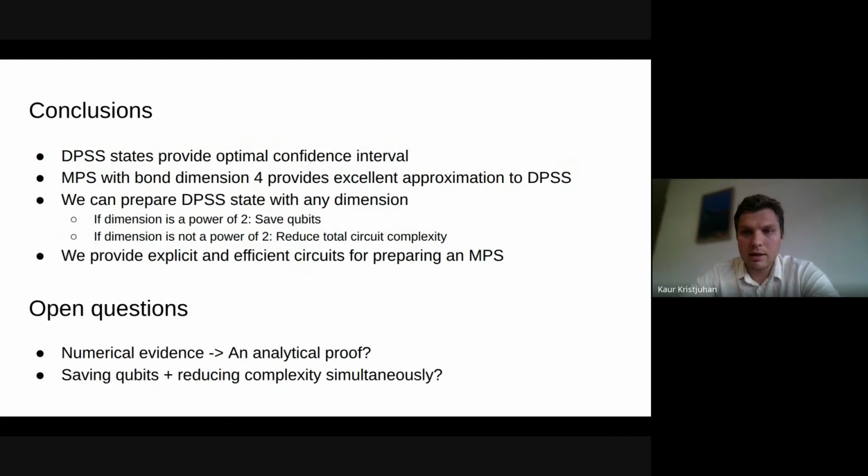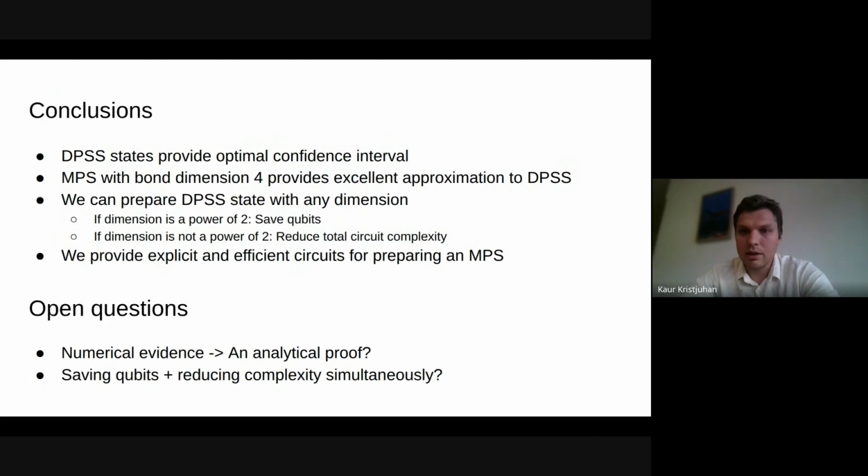We didn't manage to come up with an analytic proof which explains why you can always use a matrix product state for this task. We just tested it numerically, and it worked very well. So perhaps future work can explore a more fundamental explanation of why this approach works and prove that it's going to work no matter what other things you change.